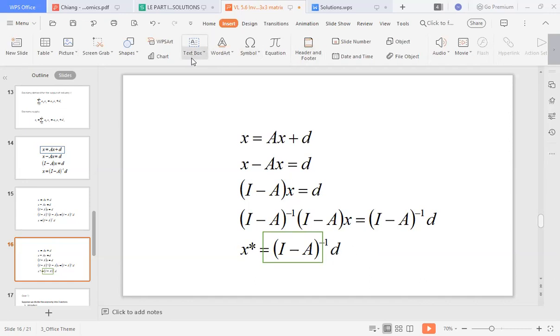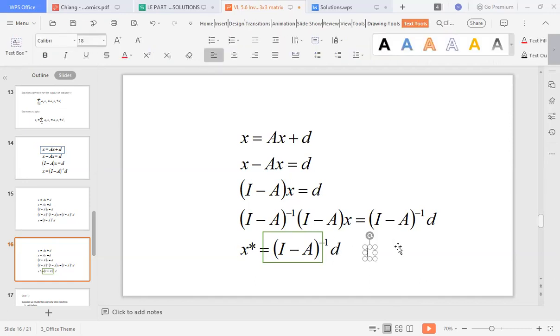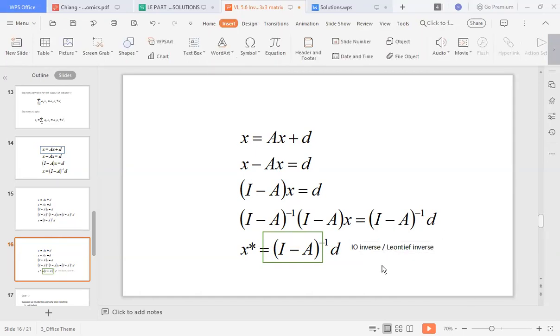So let me write that one here. This would be our solution to get the production level that equates both the output level and the input requirement. Now, before I proceed to an example, do we have a question?